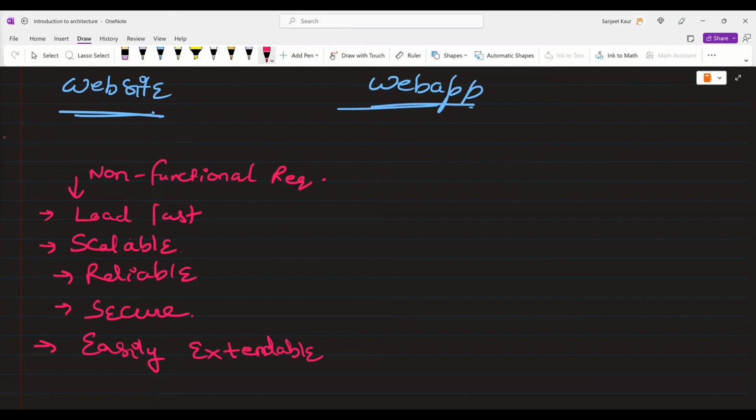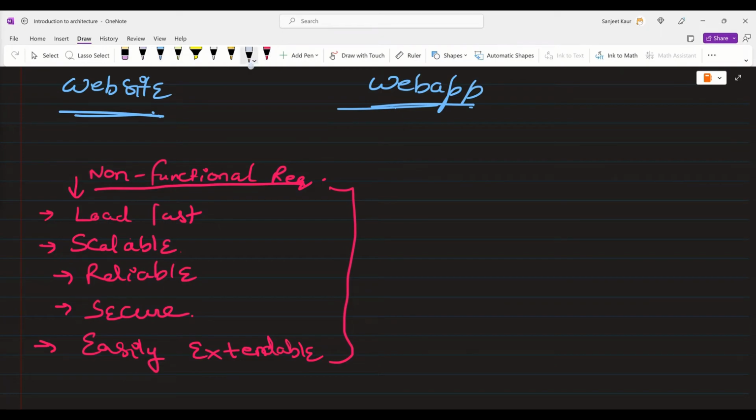So these non-functional requirements are the general requirements that would be given to you by your client, that all these things we want. These are the things told by your client. Now, your web app would have two kinds of requirements.